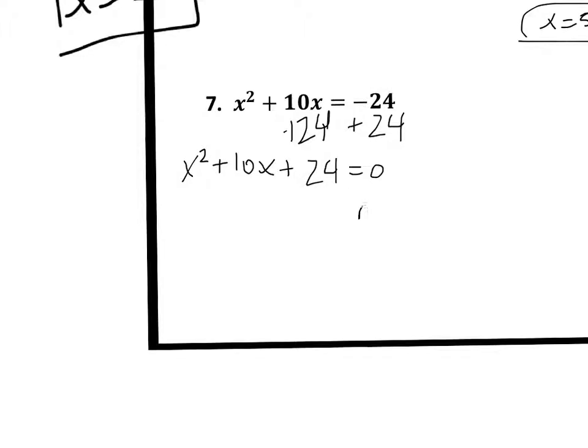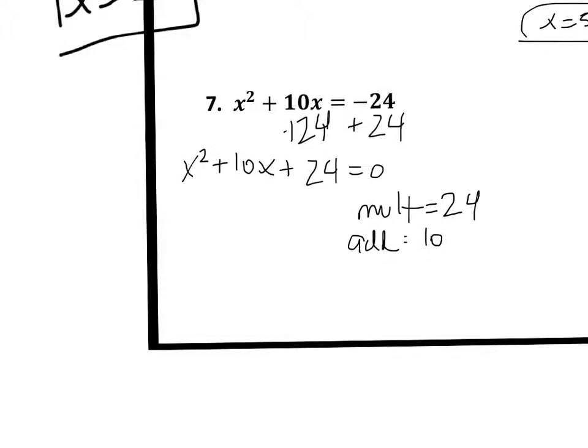So let's factor. Two numbers that multiply to positive 24, which is the c value, and add to positive 10, which is the b. Some factors of 24: 24 and 1, 2 and 12. That doesn't work because they both have to be positive or they both have to be negative. So how about 6 and 4? Positive 6 and positive 4 multiply to 24 and add to 10. There we go.